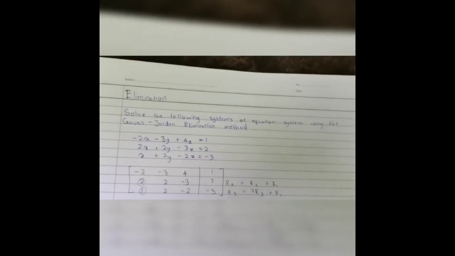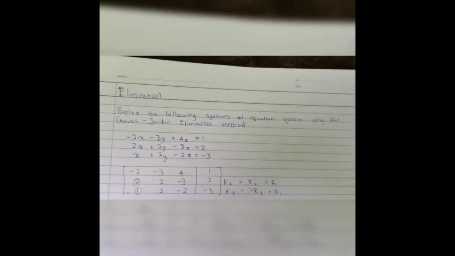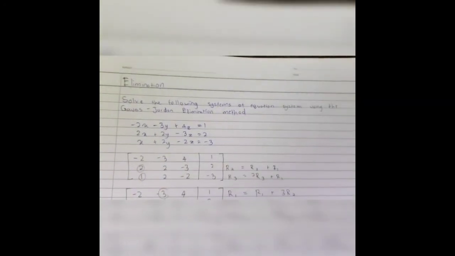For elimination, one of the methods is the Gauss-Jordan method. The question is, solve the following system of equations using the Gauss-Jordan elimination method. We use this method because we have too many unknowns, like 3 unknowns at the same time.